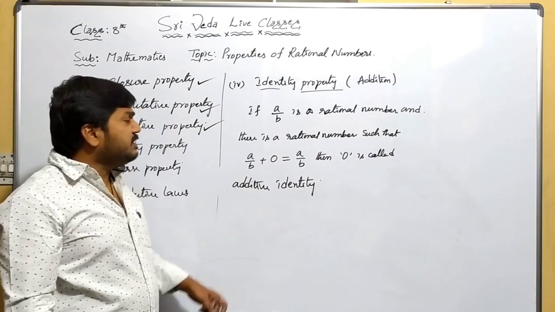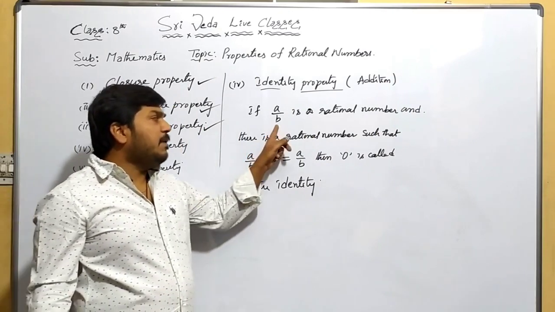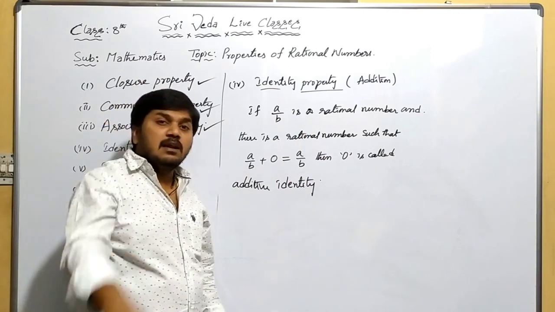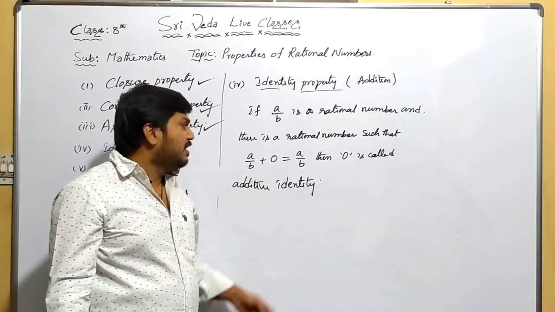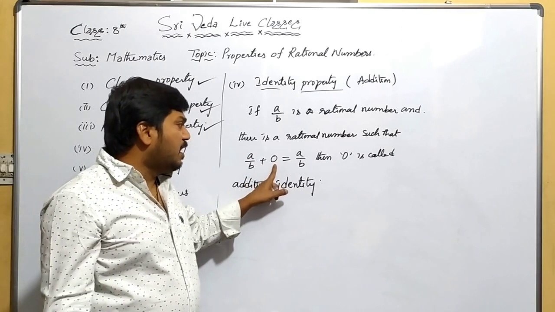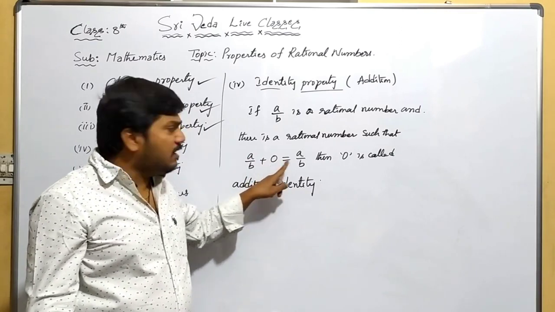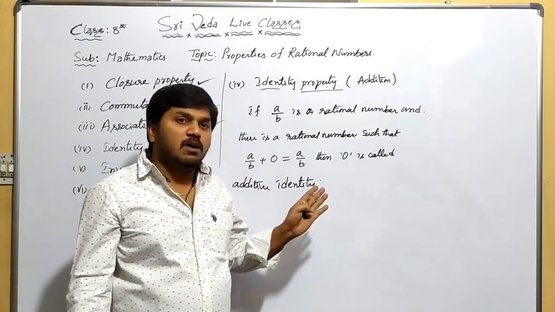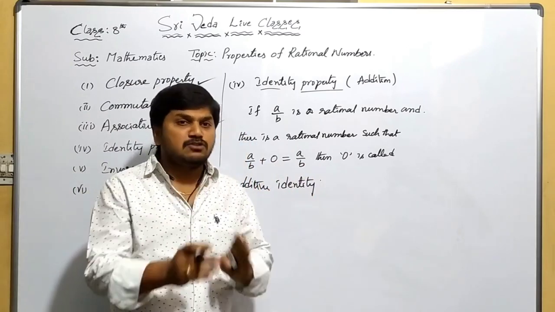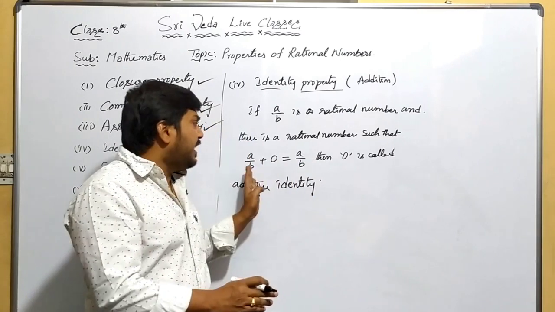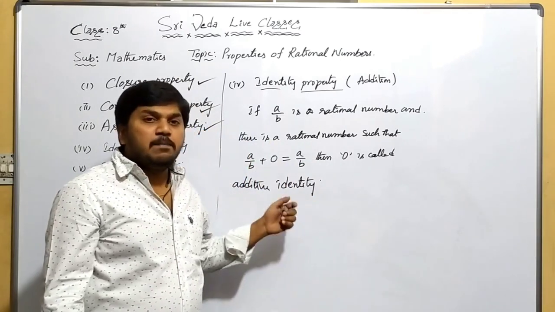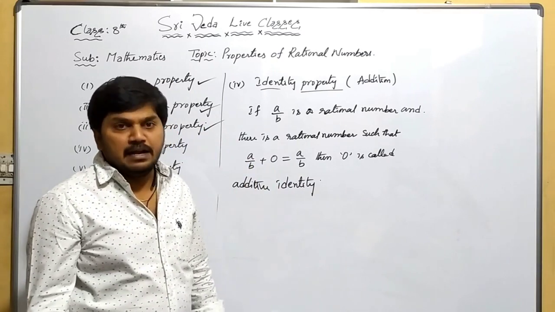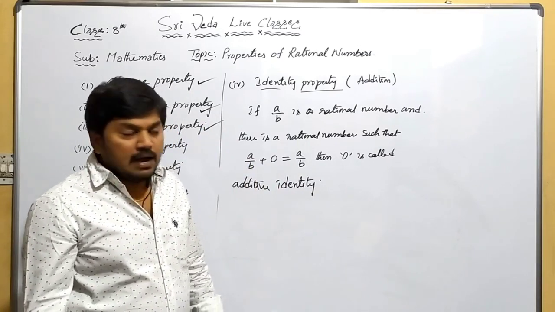If a by b is a rational number and there is another rational number such that a by b plus x equals again a by b, see, if we add the other rational number, we'll get the same rational number. Such a number is called additive identity.